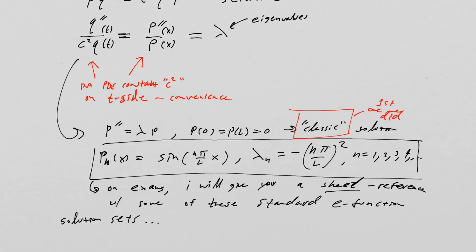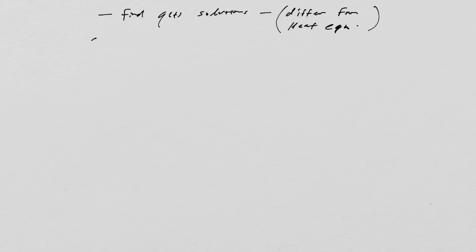We have Q double prime over c squared Q, and now we're going to have subscripts of n everywhere, and our classic eigenvalue here, which is negative n pi over L quantity squared, for n equal to 1, 2, 3, 4, on up forever.